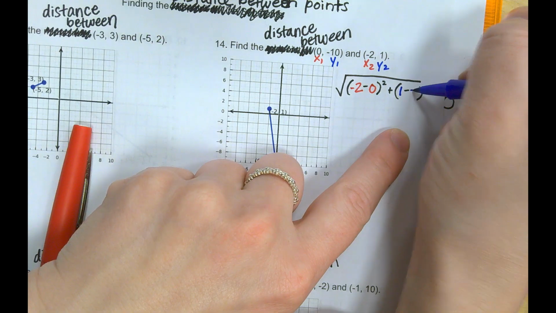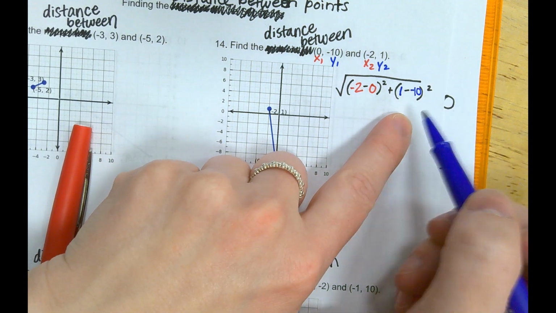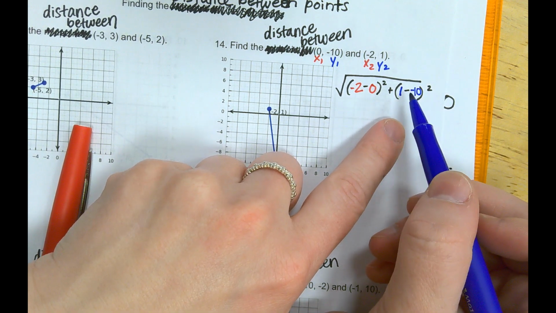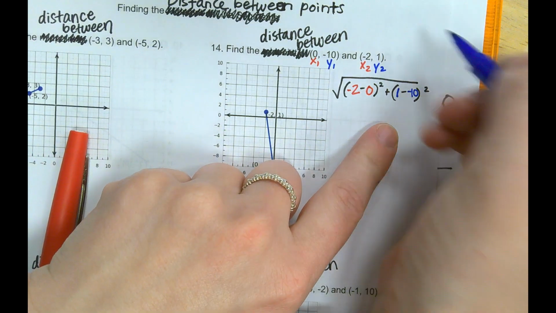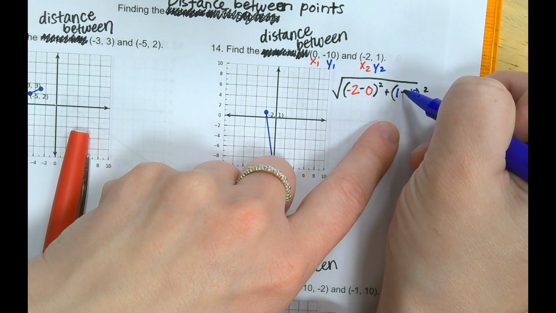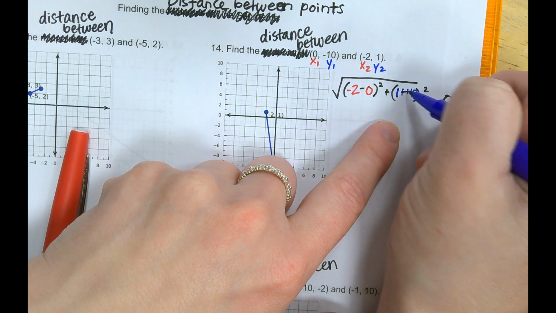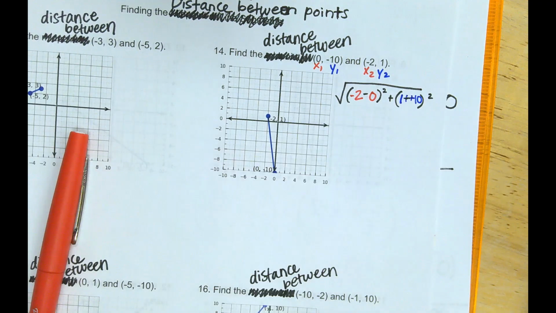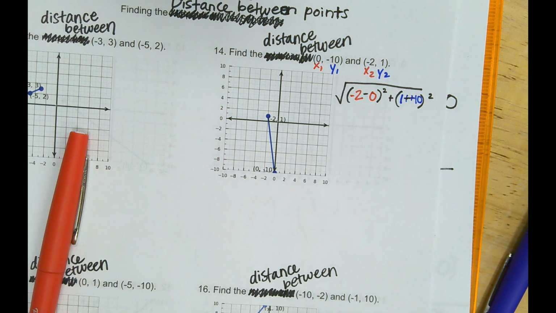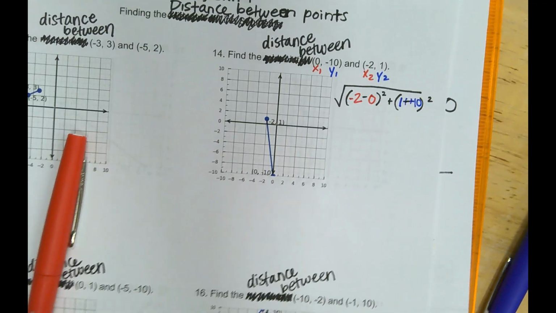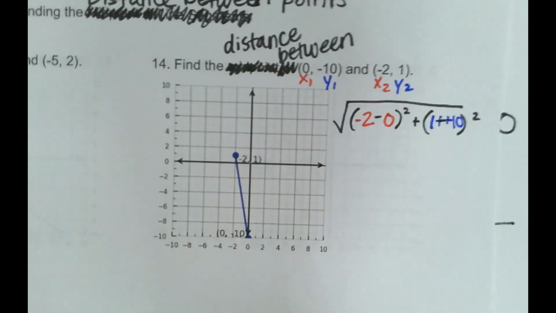Perfect, -10. And we have another case now where I've got minus a negative. So we'll change that to a plus. And if remembering that rule of turning minus a negative into a plus has got you hung up, you can always just type it in your calculator. You'll get the right answer.